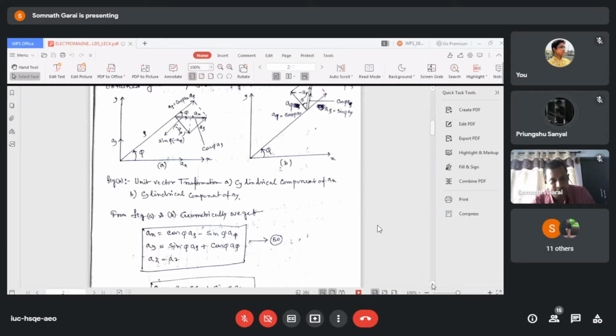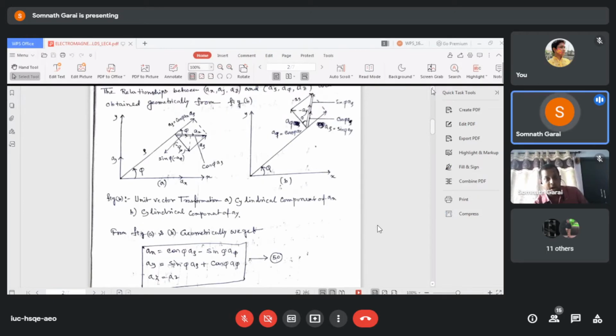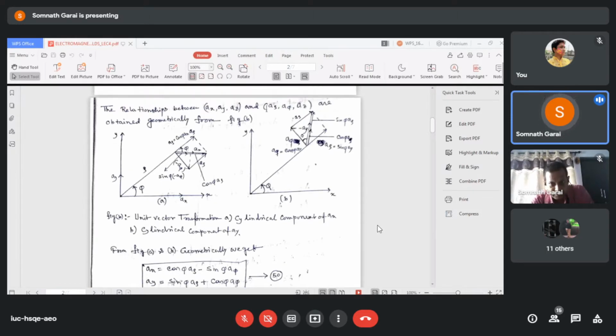Yes, sir. Very good. Now we determine the unit vector ay with respect to phi and rho. Just see this figure very carefully. This is the x direction, this is the y direction, right?